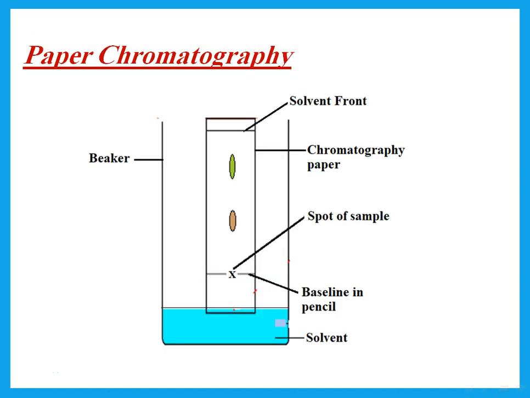Paper chromatography is used to separate a mixture of dyes. So I could have a spot of ink or food coloring, or a mixture of amino acids, or a mixture of sugars. And we try to separate them to know how many or which ones we have.